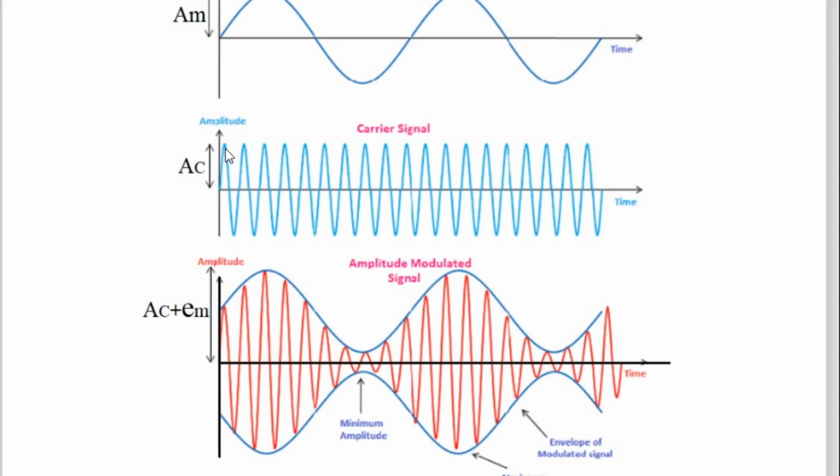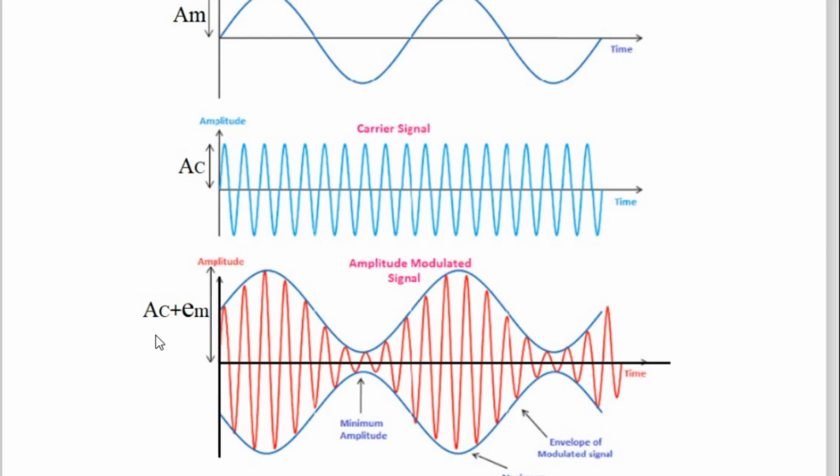This is the carrier signal's amplitude, this much, and here it is that much. So at time t equal to 0, it is there, meaning in the beginning when the process of amplitude modulation starts. But thereafter, the amplitude of the carrier signal changes according to the instantaneous value of the information signal, and this amplitude is going to increase and this amplitude is going to decrease according to the instantaneous value of the information signal.